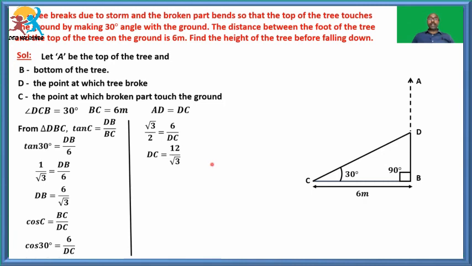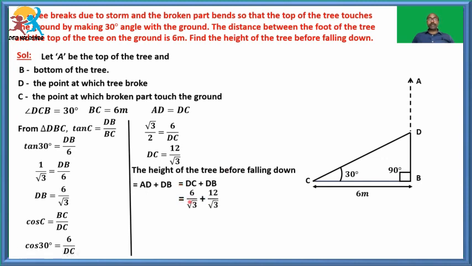Now the height of the tree is AD plus DB. Okay. But AD is already equal to DC. So this is equal to DC plus DB. Now DC is equal to 12 by root 3 plus DB is equal to 6 by root 3. Now the sum of these two is equal to 18 by root 3. So as we have the denominator as root 3, write 18 in multiples of 3.